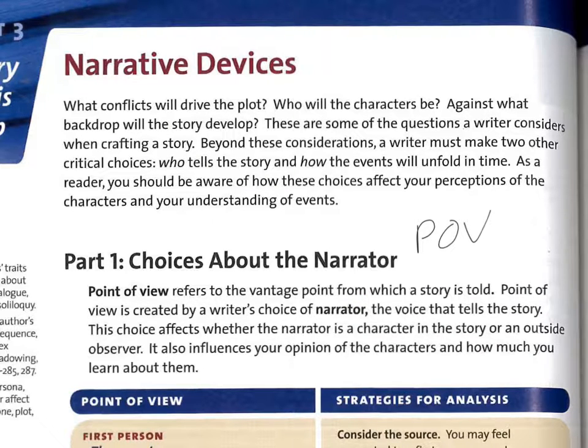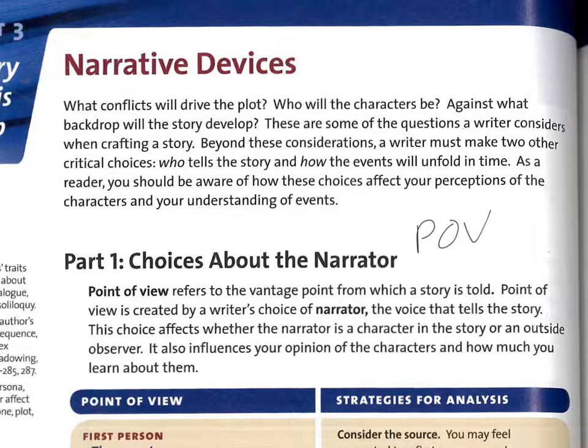Point of view is created by the writer's choice of narrator, the voice that tells the story. This choice affects whether the narrator is a character in the story or an outside observer. It also influences your opinion of the characters and how much you learn about them.